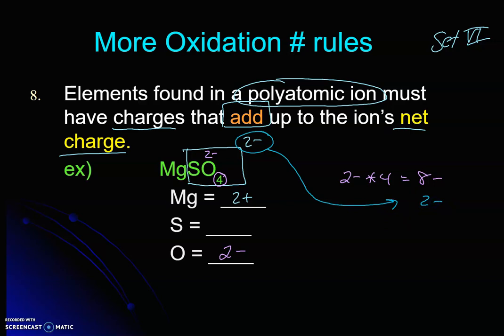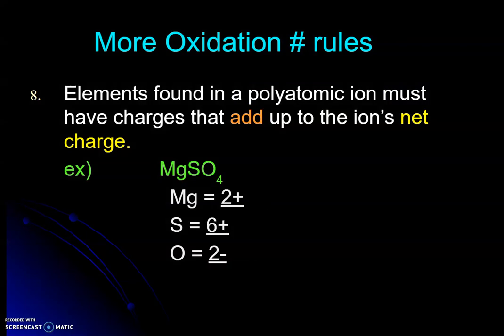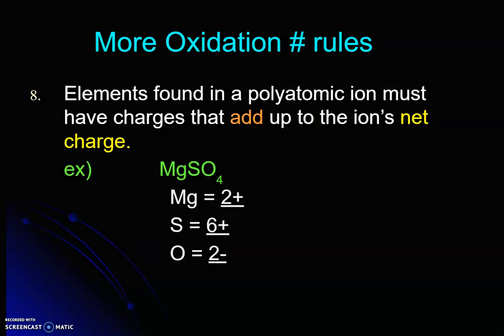What does sulfur have to be in order to cancel that out? 8 minus a 2 minus is going to be a 6 plus. So sulfur here would be a 6+. You have to get your ions to have the correct charge from the oxidation numbers.